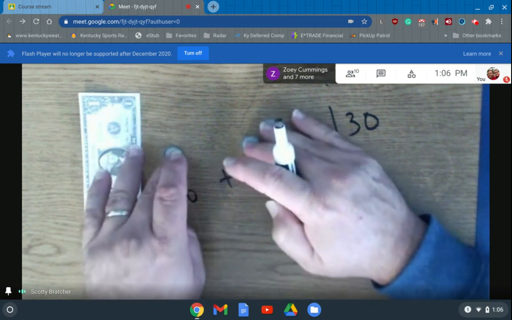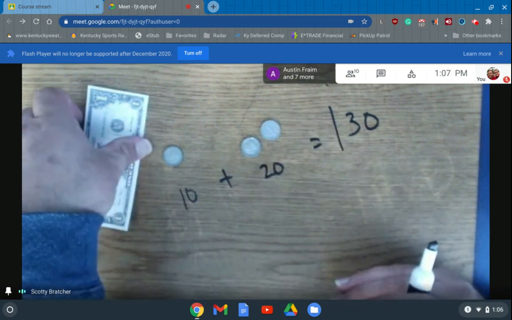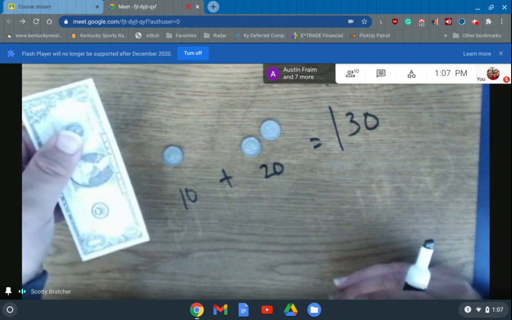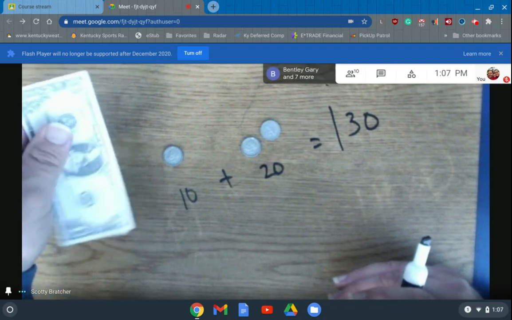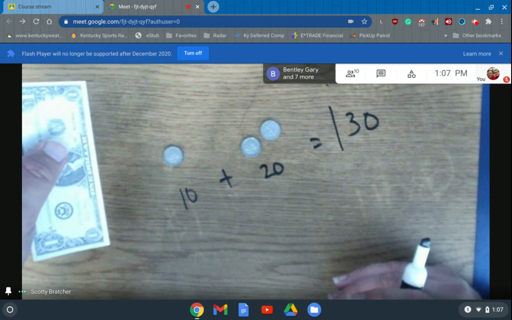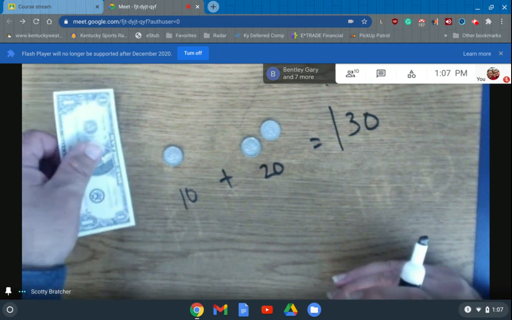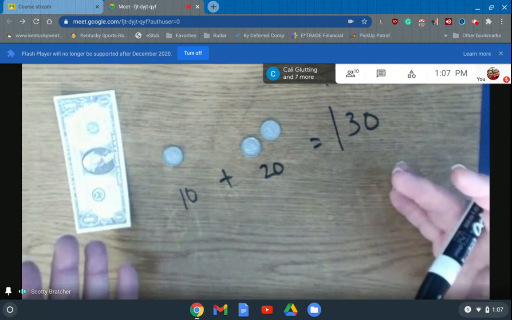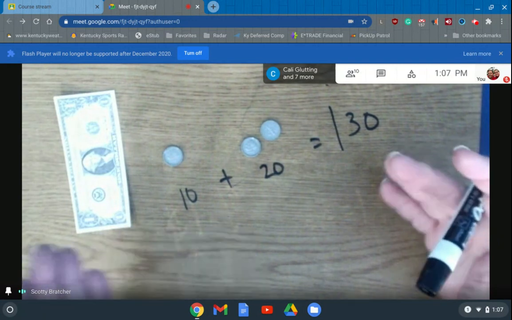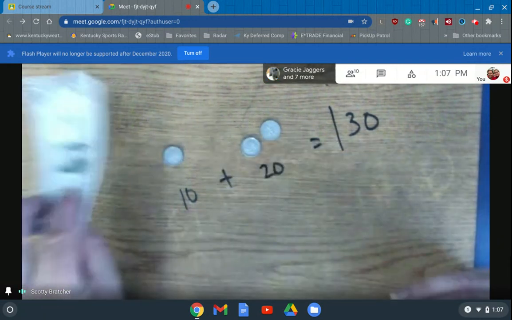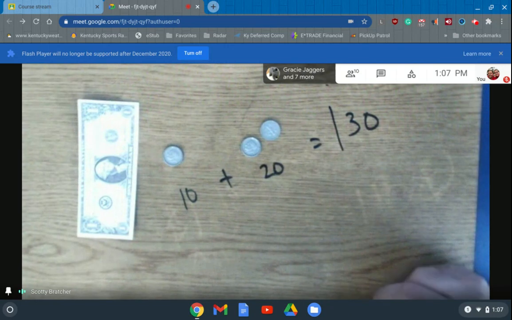Just thinking about these tens here, this is already grouped into this thing, which was 100 cents or 10 tens. She didn't really need to work with this part until the very end. That's one way to do it.